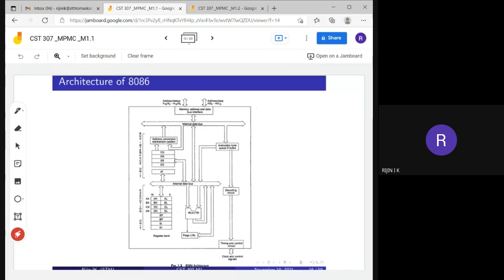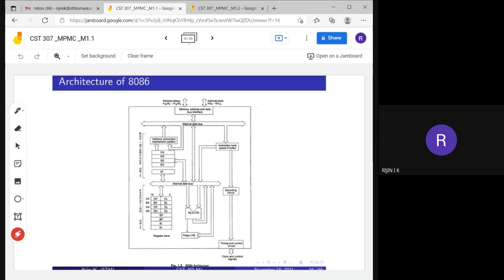Correct. In 8086, the flag register is actually a 16-bit register, but we are using only 9 bits for representing the flags. That means only 9 flags are available in 8086. These 9 flags are divided into 2 categories: 6 status flags and 3 control flags.